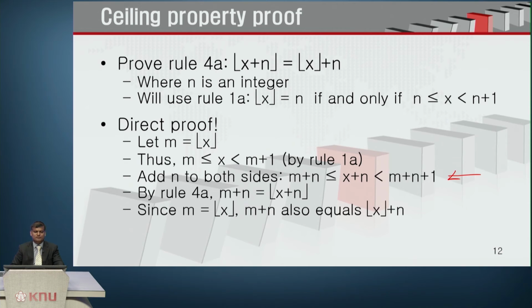Since m equals the floor of x, m plus n also equals the floor of x plus n. So that's where we are getting close here. Thus the floor of x plus n equals m plus n, and that equals the floor of x plus n. So we are simply applying the rules and manipulating using this direct proof method, and we conclude it.